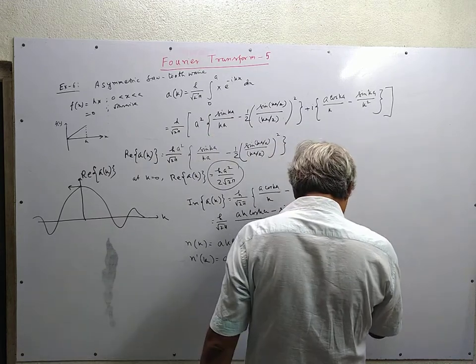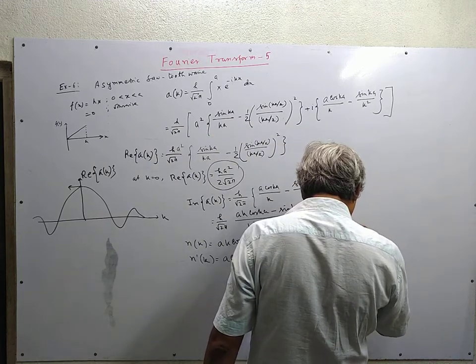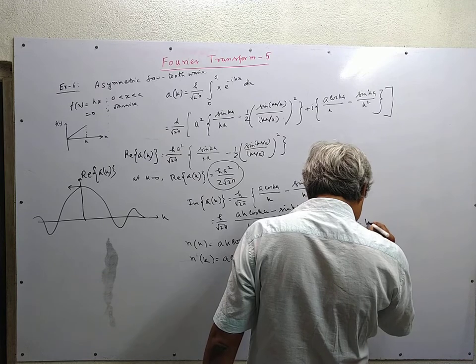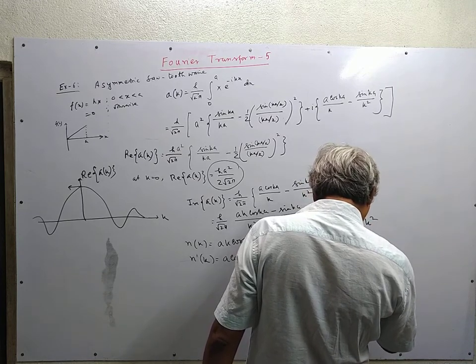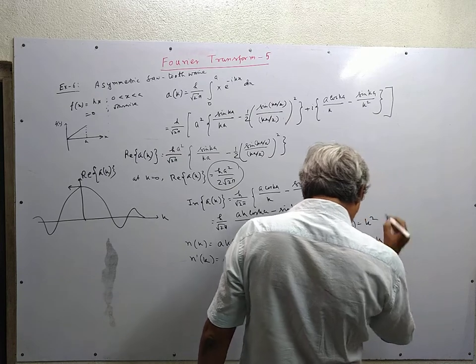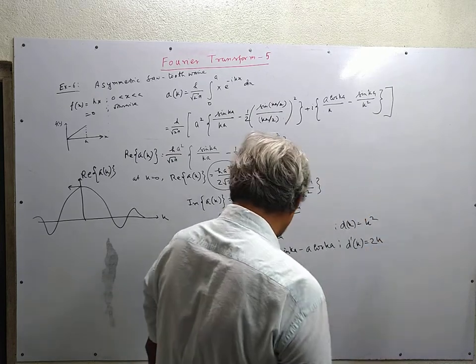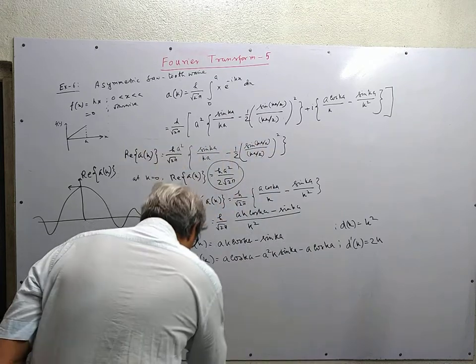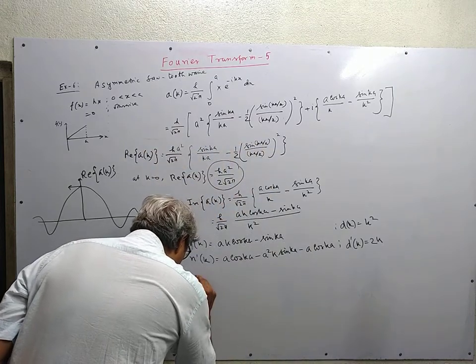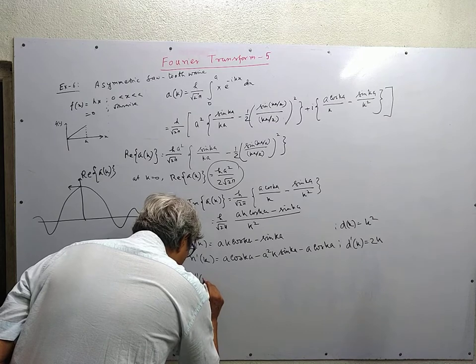Correspondingly we define the denominator function as k square. So D prime of k is 2k. At k equal to 0, it is 0, and this is also 0. Again it is in 0 by 0 form. So let us apply L'Hospital rule once more.